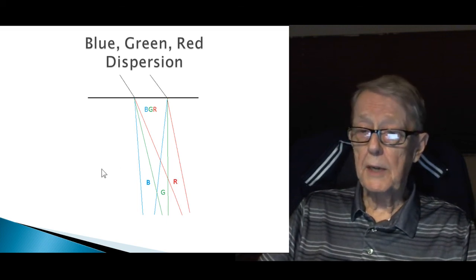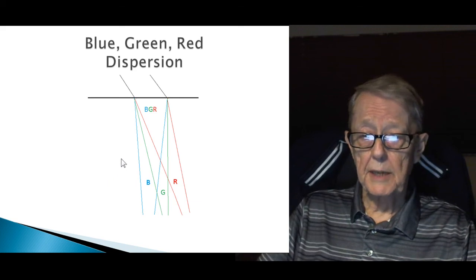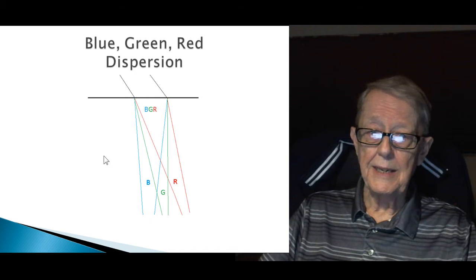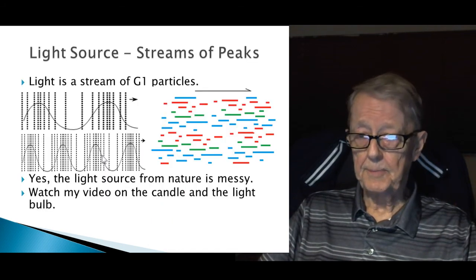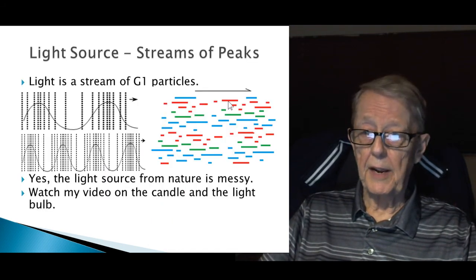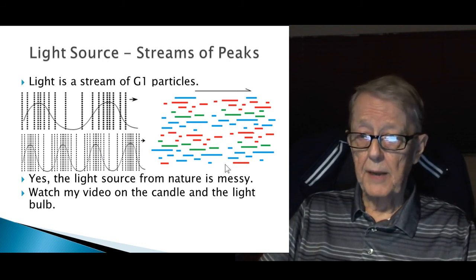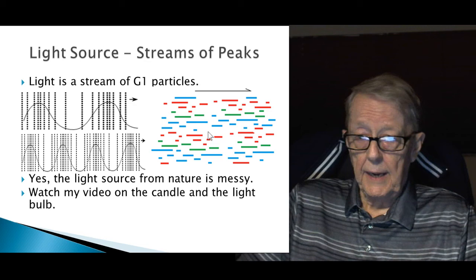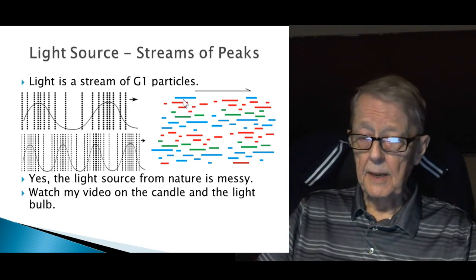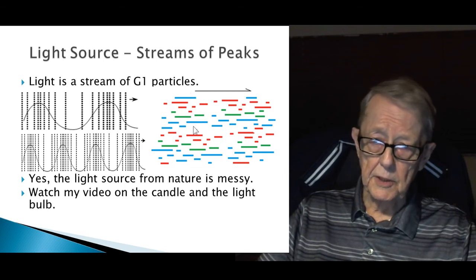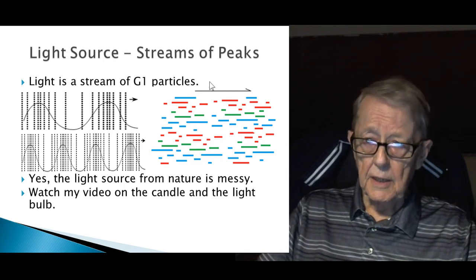Now this is a special case. I admit it's a special case where I'm considering solid red, solid blue, solid green, and light's not that way. If I had to try to explain it here, yes, up here it's stronger, down here it's weaker, and all of these are going to bend more, and what's the typical loss?